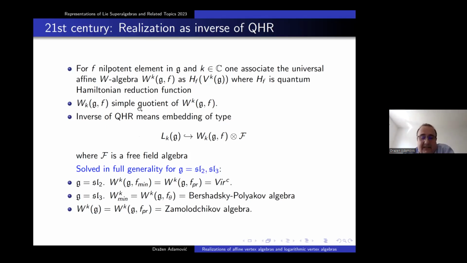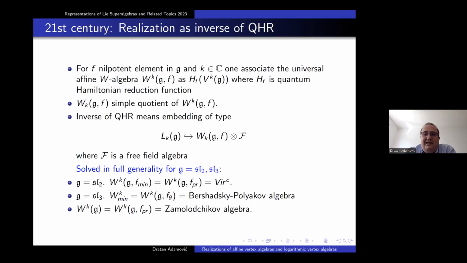So then we can consider the simple quotient. We have a simple vertex algebra, and then we can ask: do we have an inverse? Can we go in the opposite direction? Can we invert quantum Hamiltonian reduction? And what does it mean, inverting quantum Hamiltonian reduction?